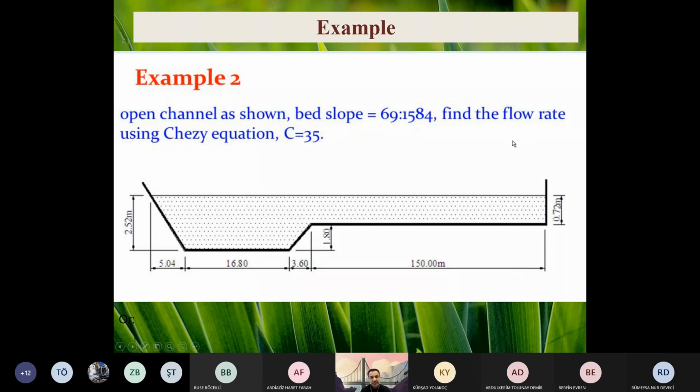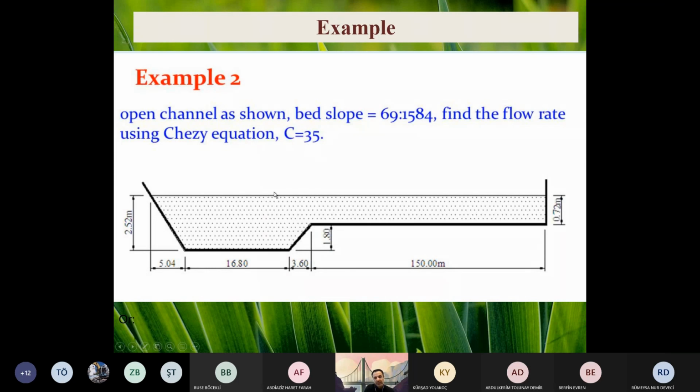Again, flow rate means discharge, using the Chezy equation. And in this equation, you see that the complexity comes back to the calculation of cross-sectional area and hydraulic radius, because C is already given.